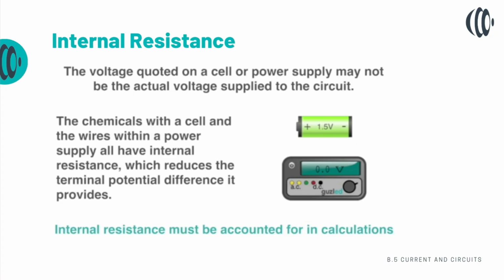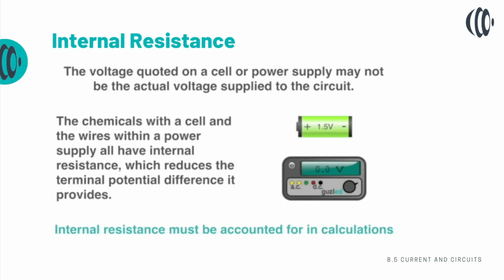It's important for us to understand what internal resistance is. The voltage quoted on a cell or a power supply may be 1.5 or 10 volts and so on, but that's not the actual voltage that's supplied to the circuit, because inside this cell there are chemicals, and those chemicals pose a resistance to the current within it.